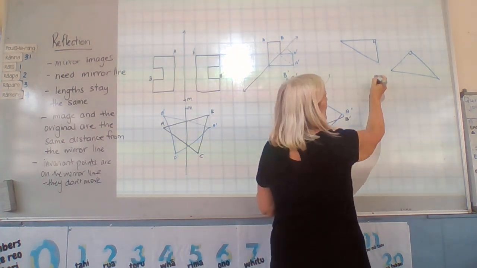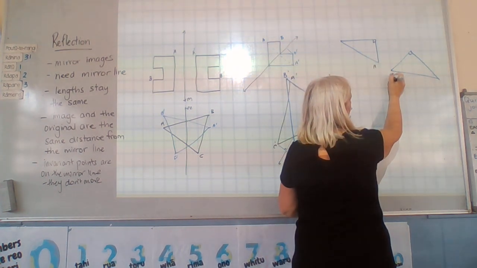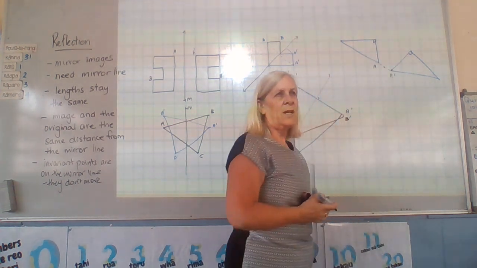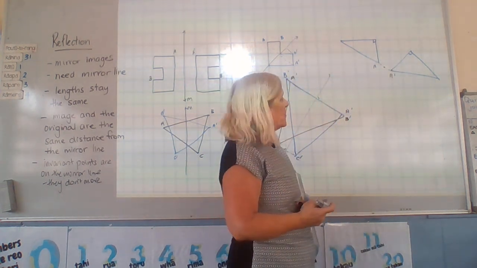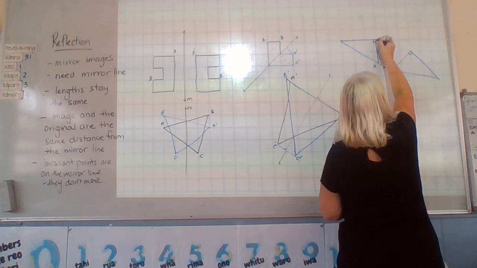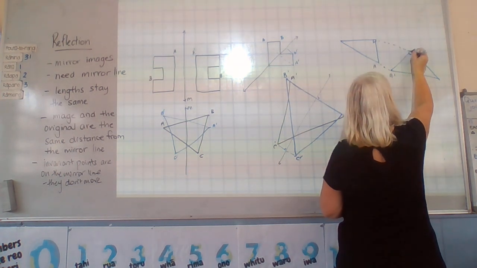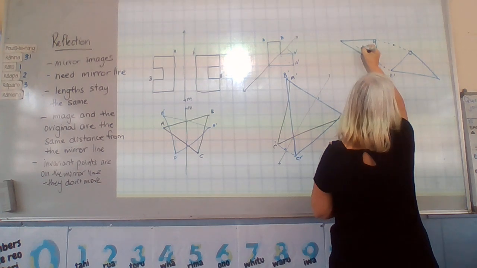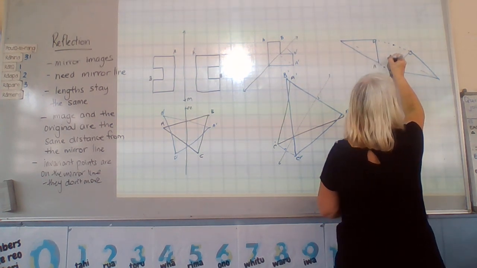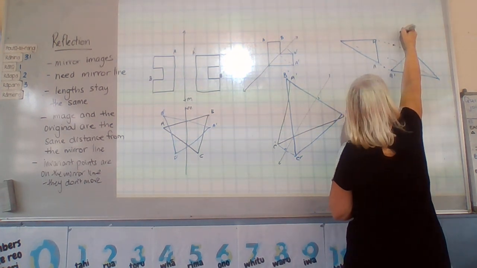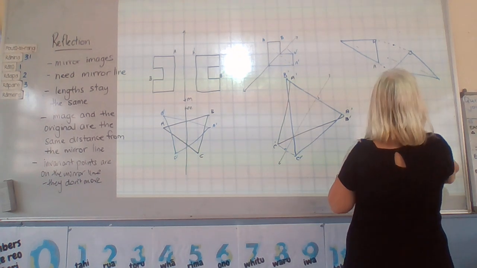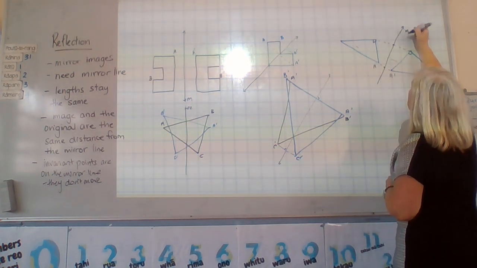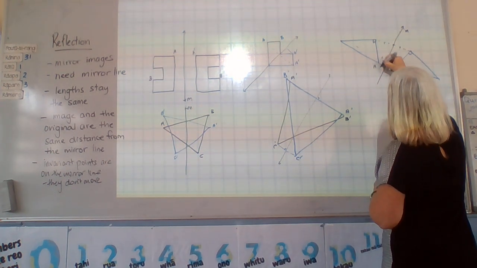But if I look at this point and this point, and I join them up and find halfway, that's where the mirror line's going to be. If I find this point and I join them up and find halfway, it would also be the same as if I did this one. Those points are all going to line up, and draw it with the ruler, all going to end up on the mirror line. So these have to all be the same length.